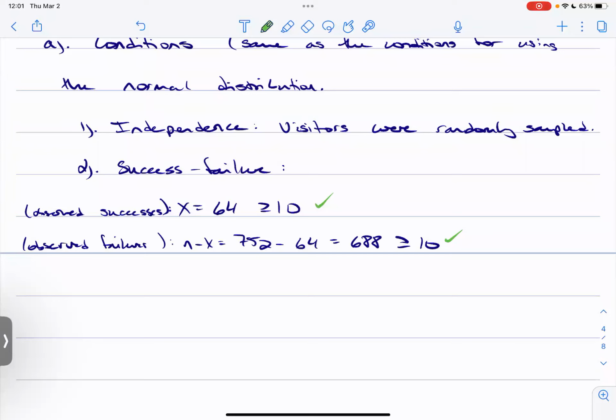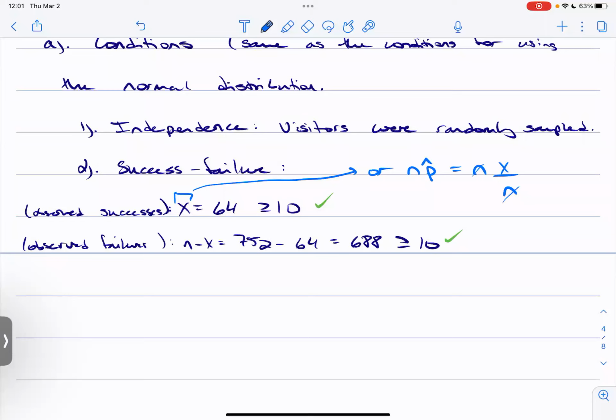What's another thing you could have done? You could have said N times p hat, right? 752 times p hat, but that would require you to find p hat. What's p hat? X over N. So then you have N times X over N, and so that's why these just cancel, right?